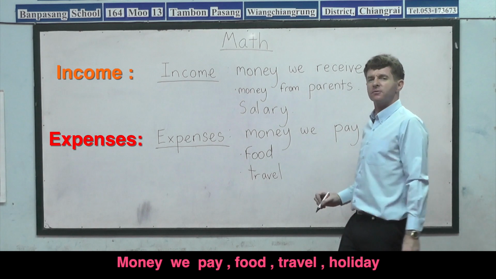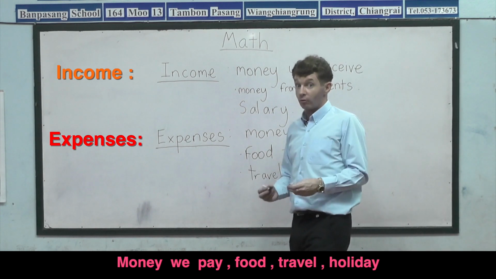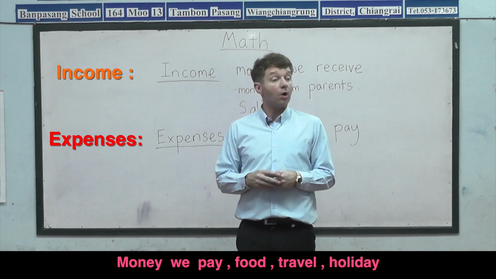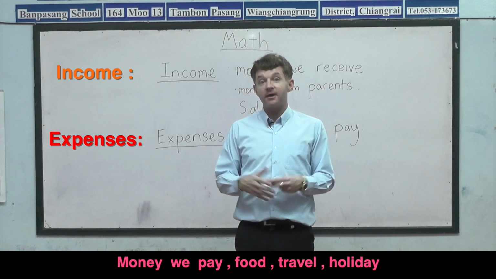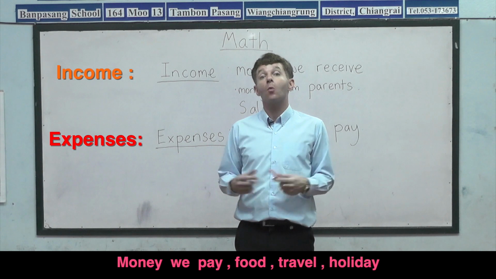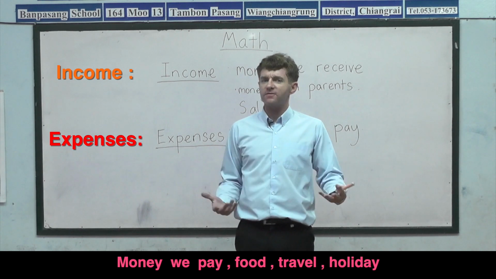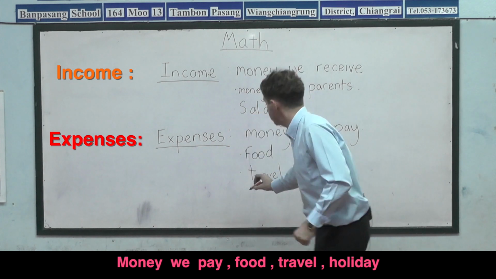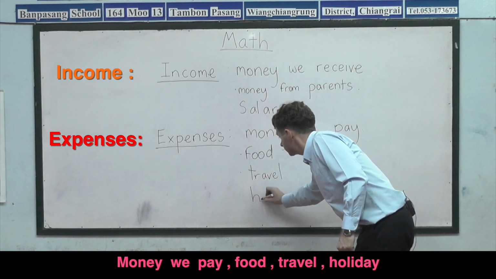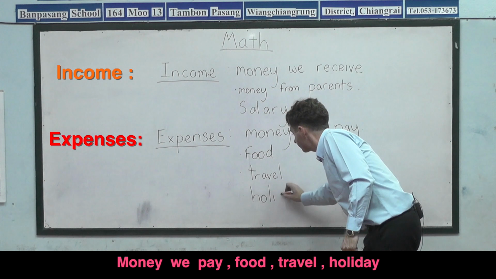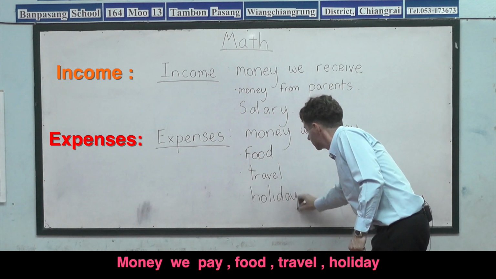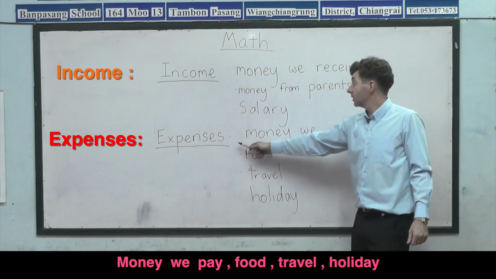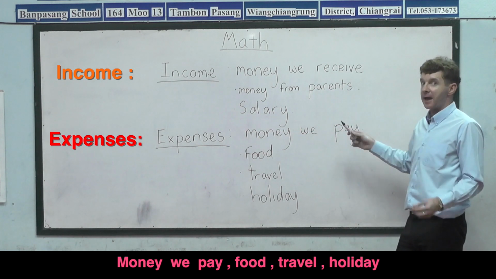Any other examples, guys? Food and travel are two great examples. Sometimes we might want to go on holiday or things like that. If we have free time, we might go on holiday. When we go on holiday, do we need to spend money? Yes. So we will say holiday is another example of expenses. So expenses, money we pay.